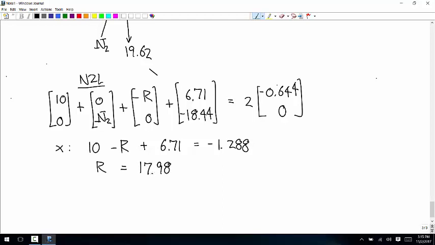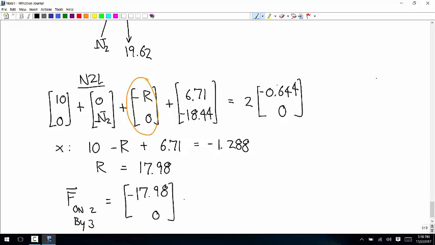And so then plug that back into, this is the force vector we're talking about. So the force vector on the 2 by the 3 is equal to negative 17.98, 0. Or that's in the negative x direction.